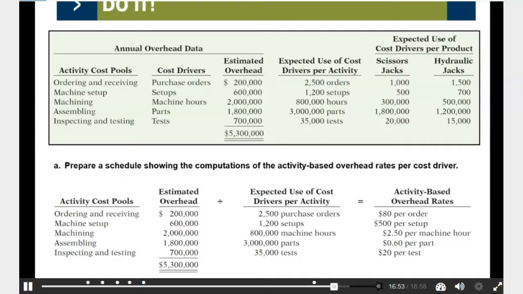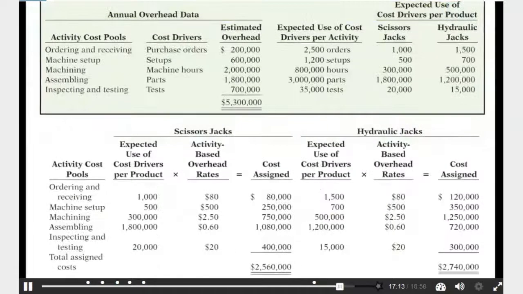So now I have the activity base, and I simply work through. You can see the value of Excel in ABC. There, of the 5,300,000, 2,560,000 is for the scissors jack, 2,740,000 is for the hydraulic jack. And there we go, our cost per unit.